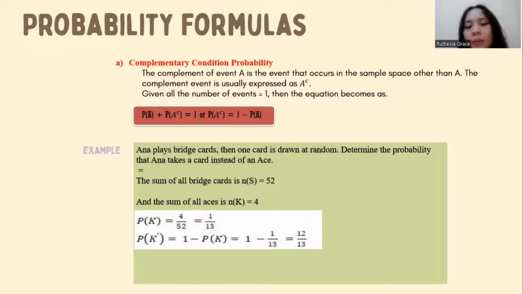We calculate the probability of K is equal to 4 over 52, and it's equal to 1 over 13. And then we find the probability of K complement is equal to 1 minus probability of K, which is 1 minus 1 over 13. And the result is 12 over 13. So the probability that Anna takes a card that is not an ace is 12 over 13.